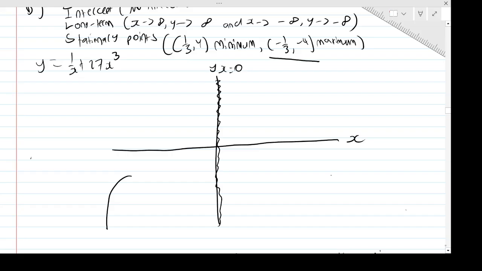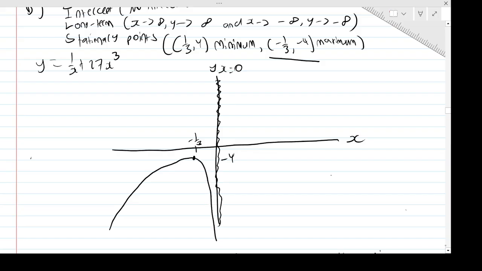So if minus a third is, say, here, it's going to have a top point at a value of minus 4, and then it's going to go back down because it's going to tend towards the asymptote. Okay.